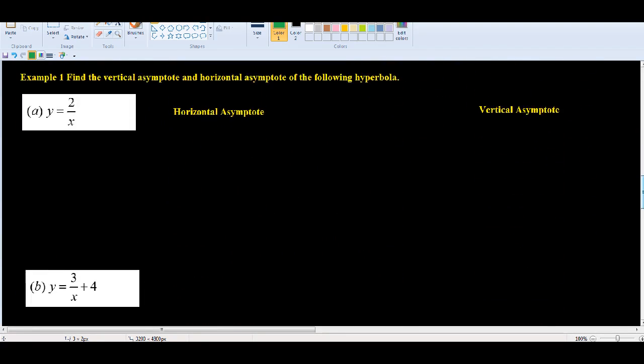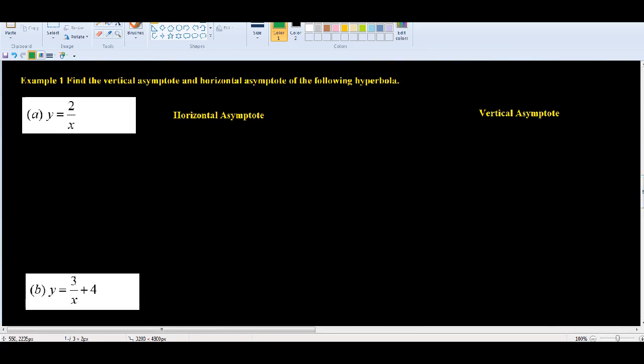Okay, so here we are going to do some exercises on how to find horizontal asymptote and vertical asymptote. For horizontal asymptote, how can we find it? We need to think about what happens when x tends to infinity.